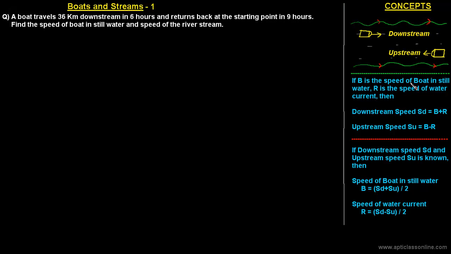When the water is not flowing, water is still stationary, and the speed of boat is B. And if R is the speed of water current or the river stream, then the downstream speed, that means the speed with which the boat sails with the water current, is equal to B plus R. And upstream speed, that means the speed with which the boat sails against the water current, will be B minus R, because in this case the water current will help the boat, and in this case the water current will oppose the boat.